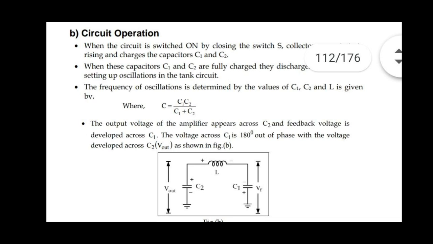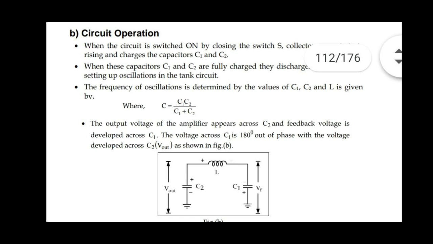So in this tank circuit which is given, when the circuit is on by closing the switch, what will happen? Automatically the input current increases, and the output current also increases, not suddenly, but slowly over some time. So the collector current rises and charges the capacitors C1 and C2.